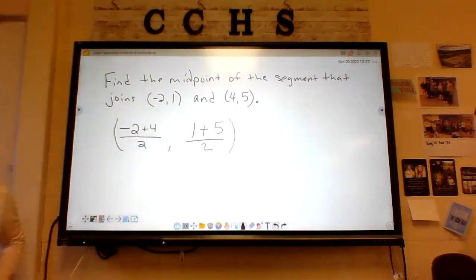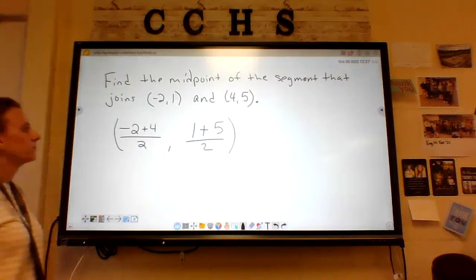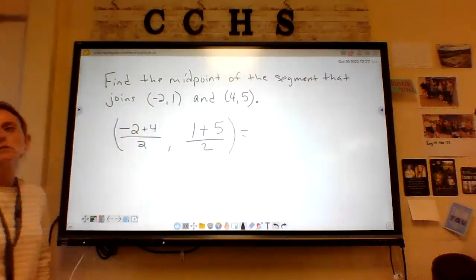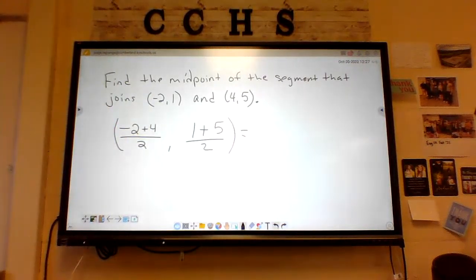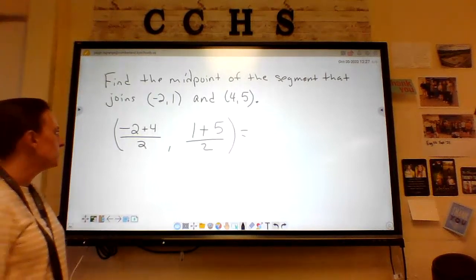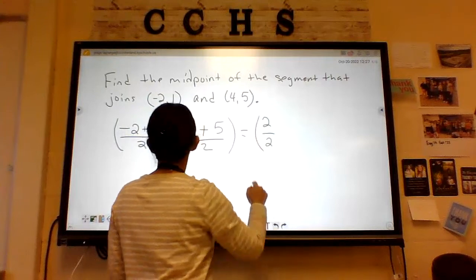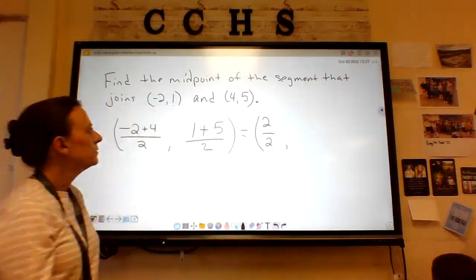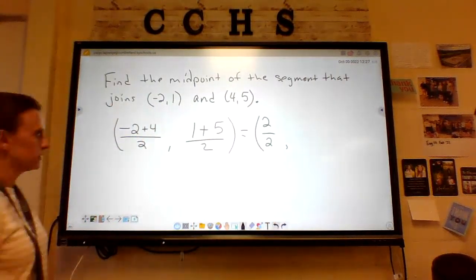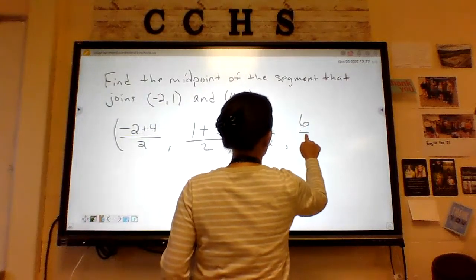Did you just put a comma between? Yep, because it's a point, right? The midpoint is actually the coordinates of a point. All right, good question. So where do I go from here? Carry out the addition on the numerators. -2 plus 4 is 2 over 2, and 1 plus 5 is 6 over 2.